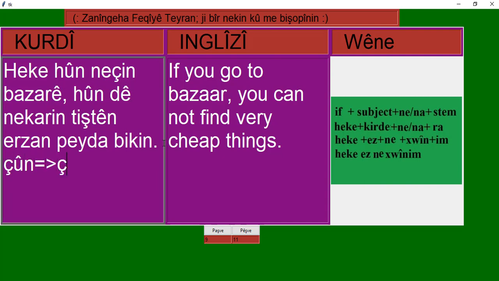So this is it. When it was positive sentences, instead of ne we had bichin. But now you remove b, and you just put ch, ne instead. Hun nechin, like this you can create negative sentences in Kurdish.